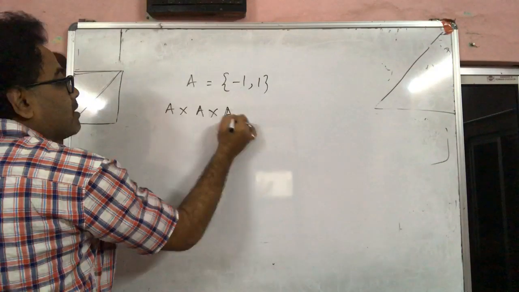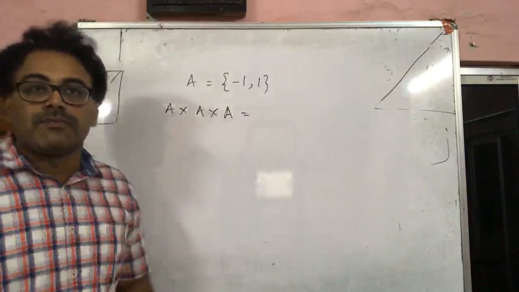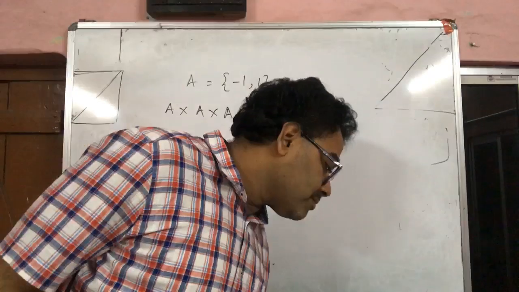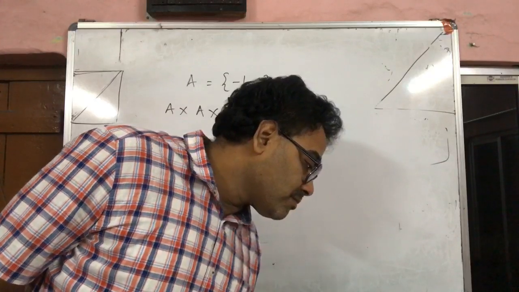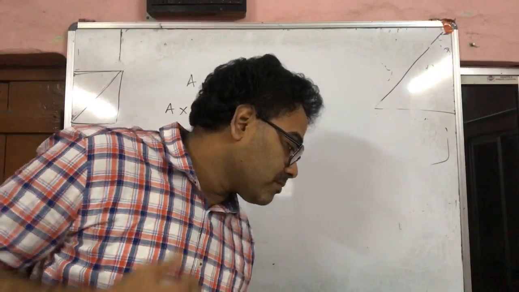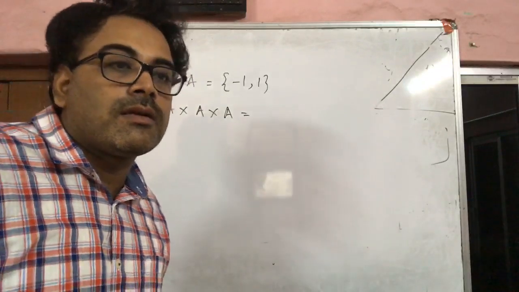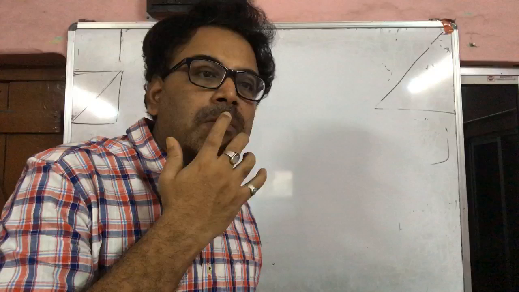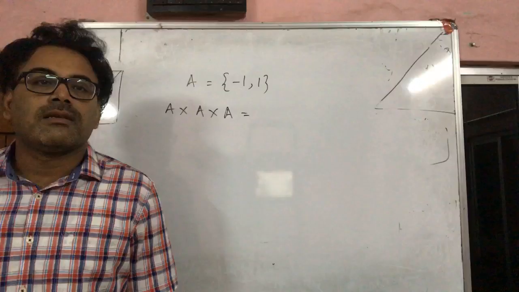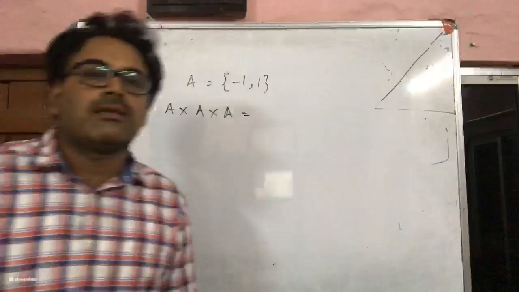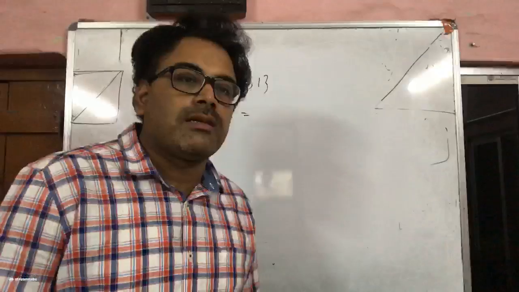Find A cross A cross A. Do it. It shouldn't be buffering. Is it buffering for everyone?